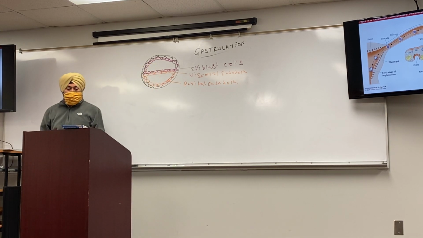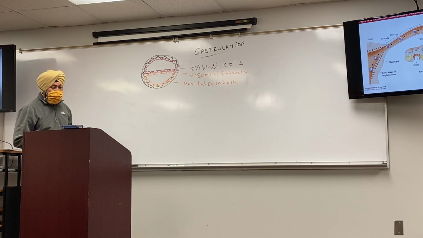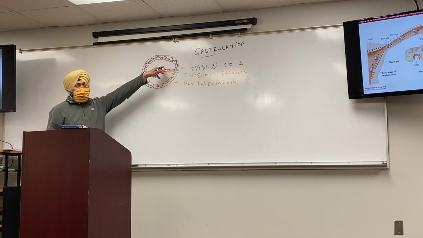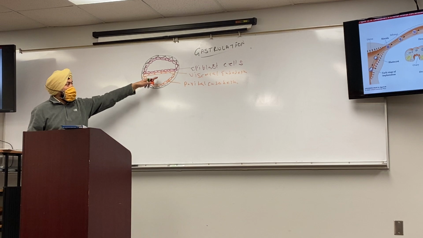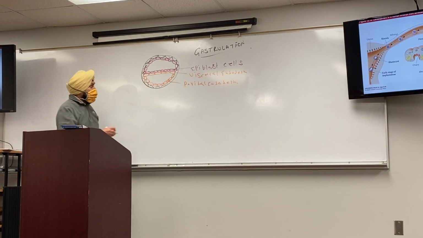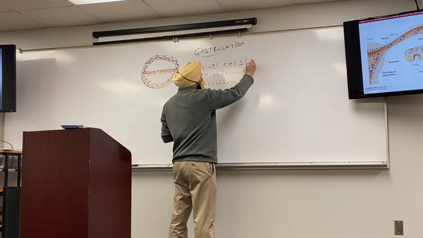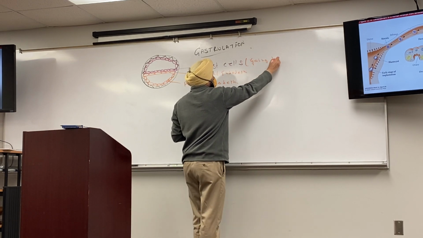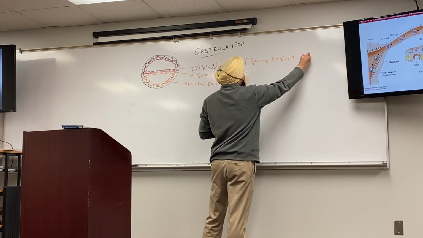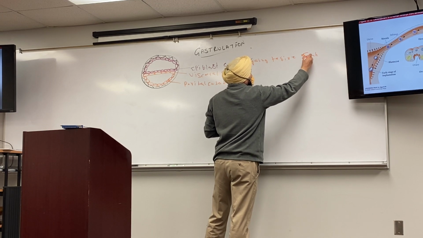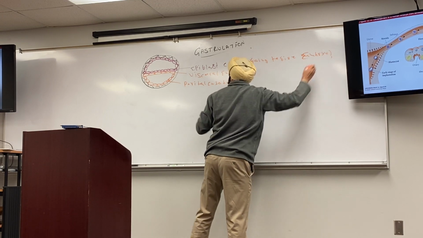Okay. Now, this is your bilaminar germinal disc, epiblast and visceral endoderm. Now, epiblast cells are going to give the embryo. So the embryo will come from the epiblast cells.